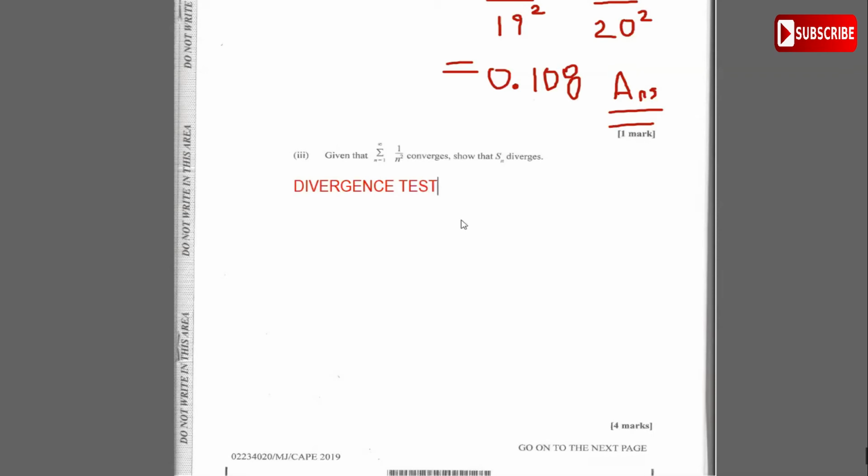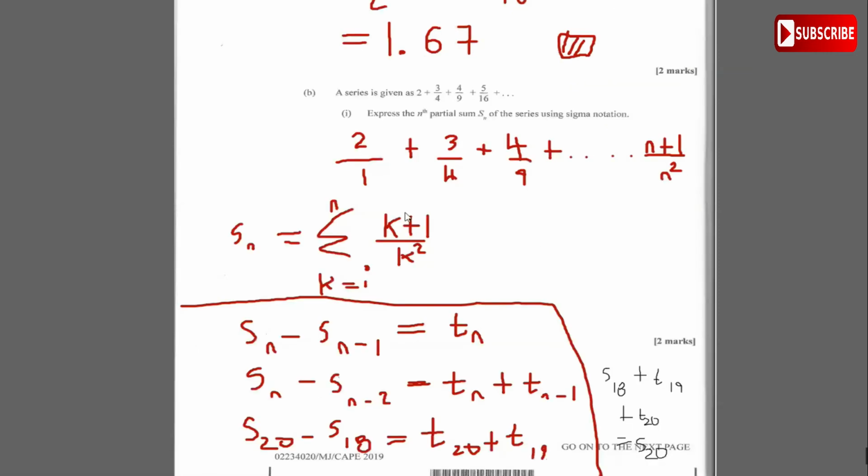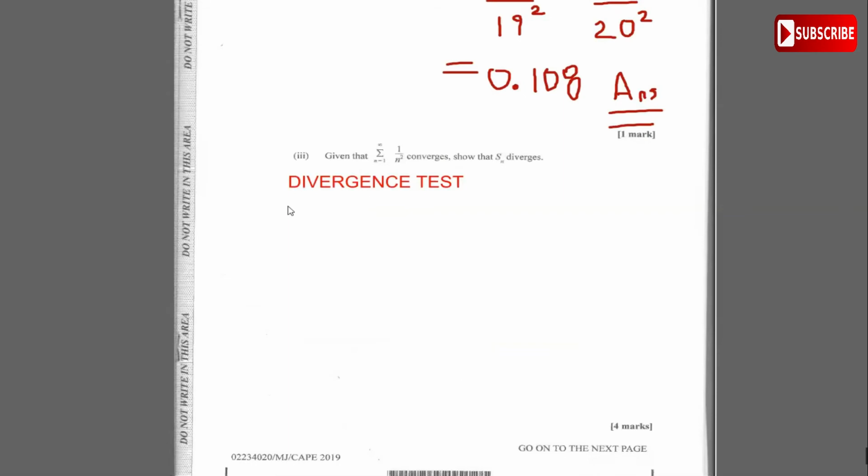We just need to show that n plus 1 over n squared is not going to 0. If it is not going to 0 as n goes to infinity, then it diverges.